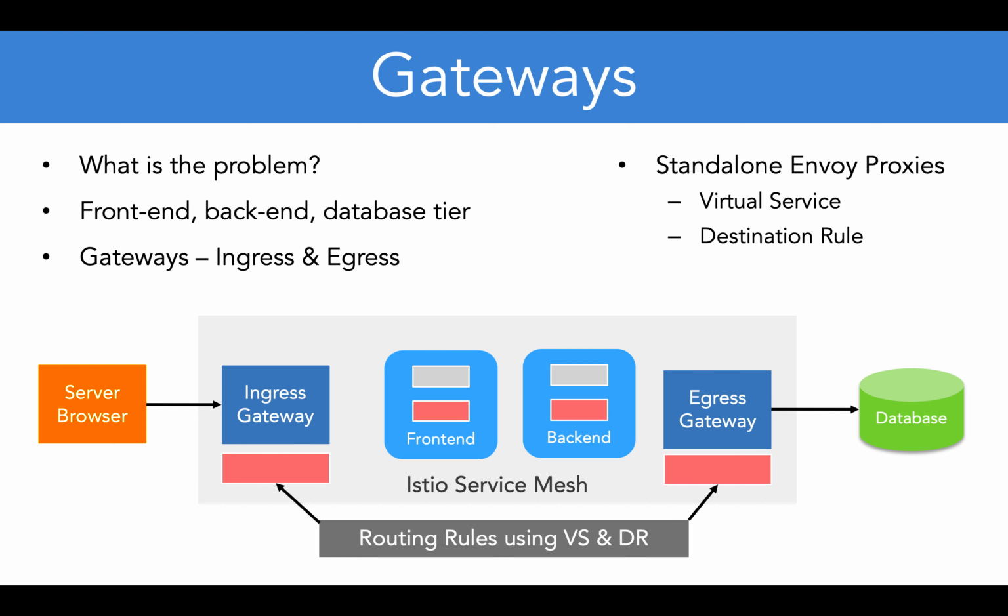So it not only gives you an inroad and exit from the service mesh, it also lets you use very elegant routing rules using virtual service and destination rule. So now what will happen is that the server or browser and the backend application will connect to the database via the proxies. Now all the virtual service routing rules would be applied to the proxies.